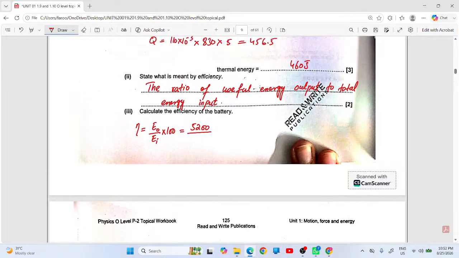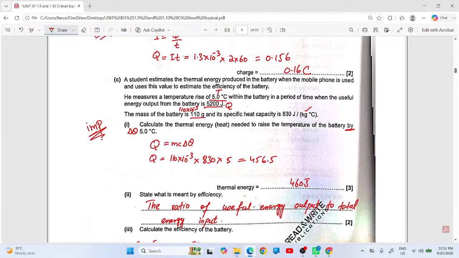How much is the input energy? Some energy is lost when it is heated. यहाँ पे क्या है?